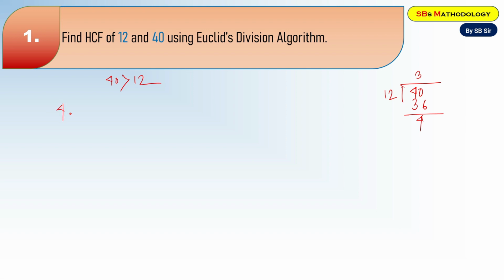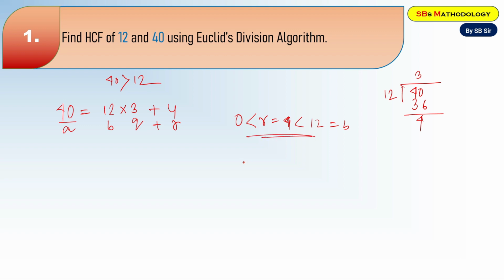So we can write 40 as 12 into 3 plus 4, in the form a equals bq plus r. Now r, that is 4, is less than 12, that is b, and definitely greater than 0, so it satisfies the condition.